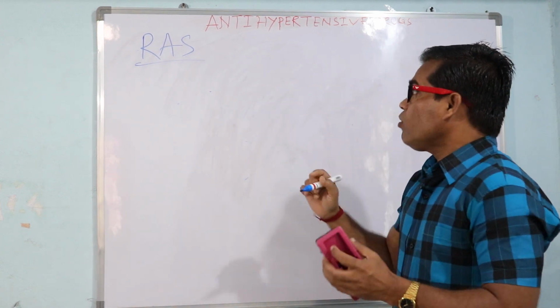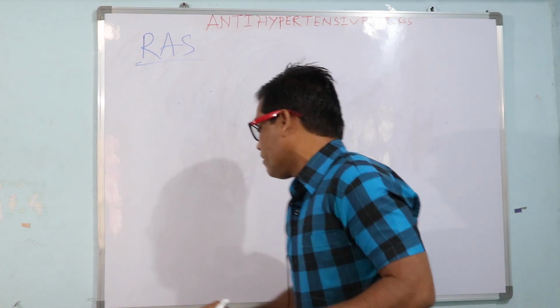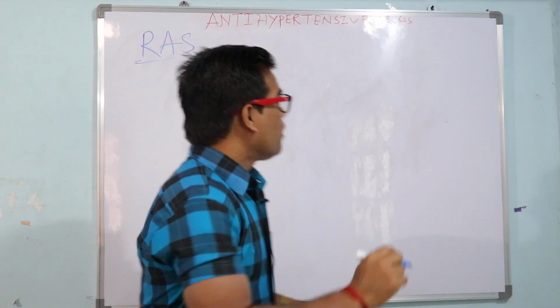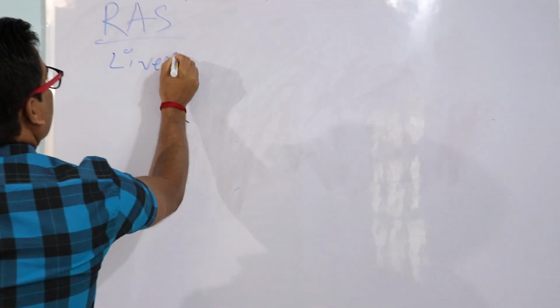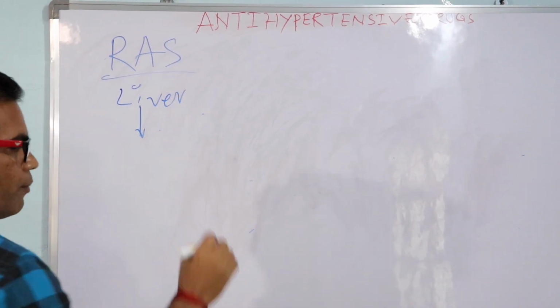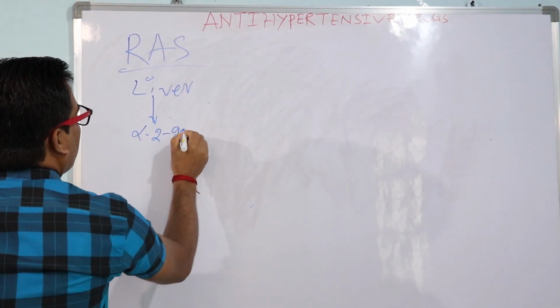Now we can start how the renin-angiotensin system regulates the blood pressure. First we can draw one diagram. Suppose this is the liver. The liver releases one protein called alpha 2 globulin.